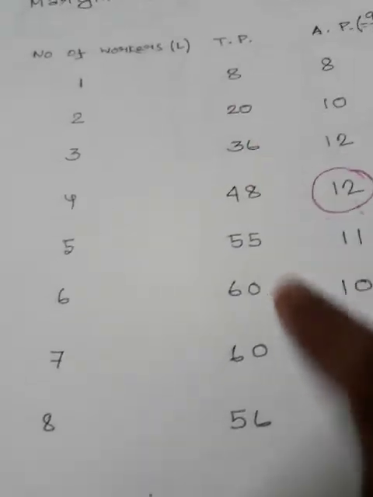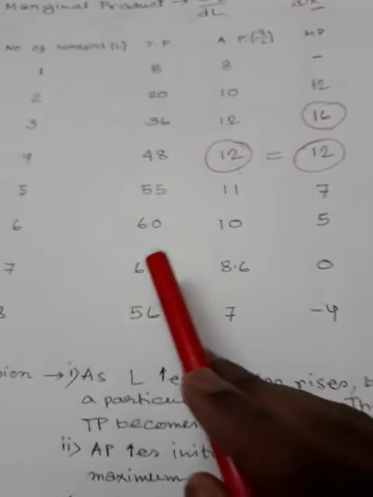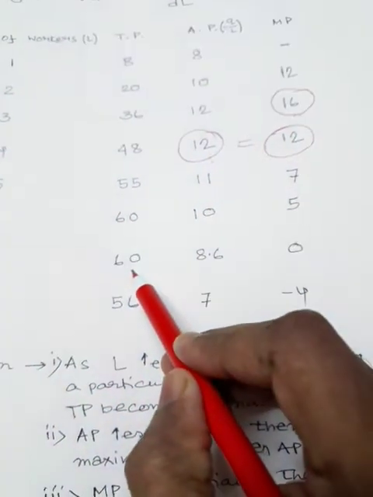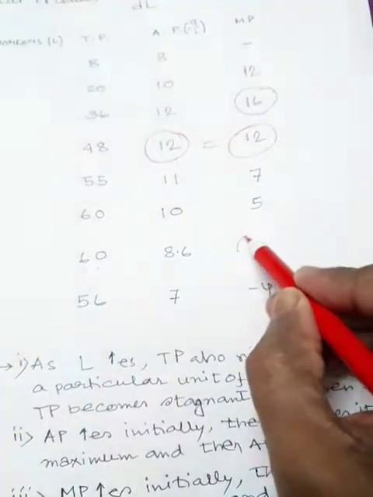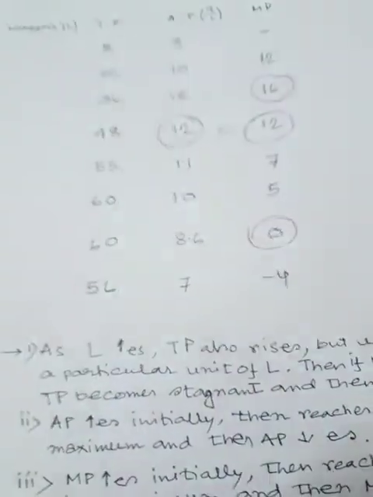And another thing here you can get, look at this. When total product is at its maximum, that is 60, marginal product becomes 0.